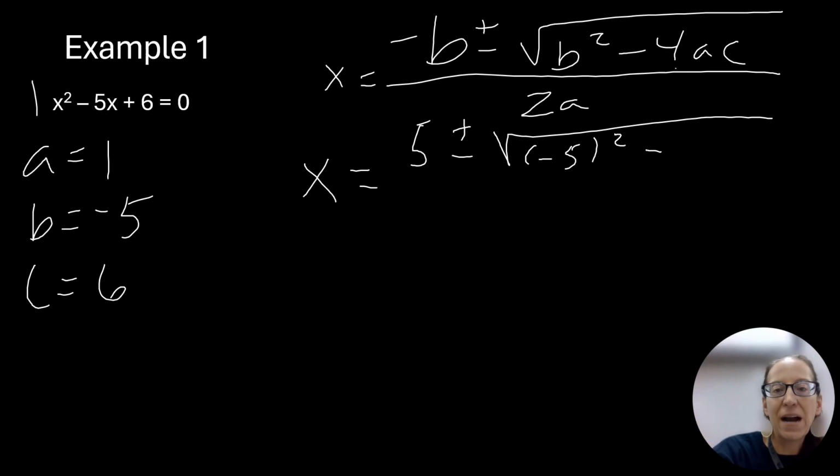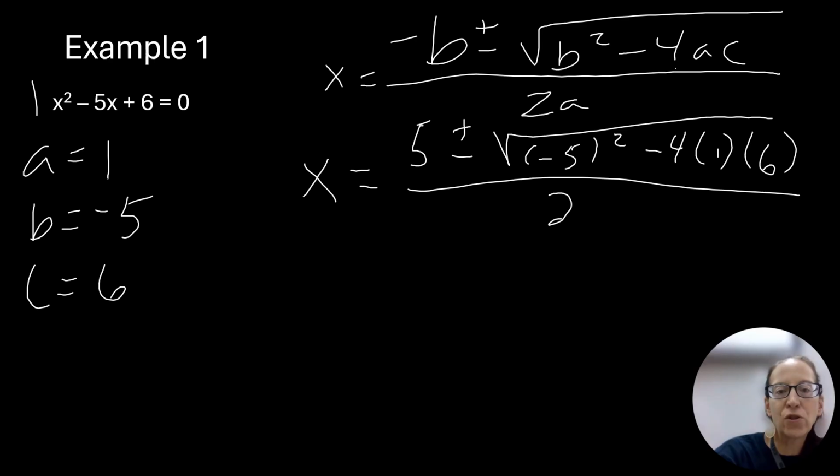That's how we want it. Minus 4 times 1 times 6 all over 2 times 1. So what I did there was I just plugged each of those numbers in where it goes. So B squared, B is -5, so it's (-5) squared, minus 4, A is 1, C is 6, all over 2 times A, which was 1.